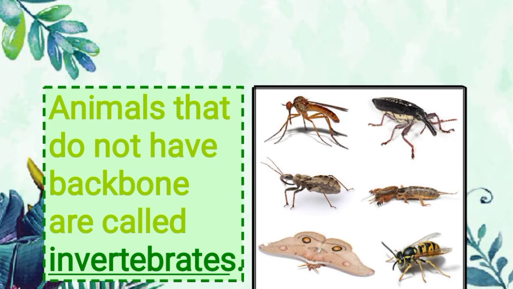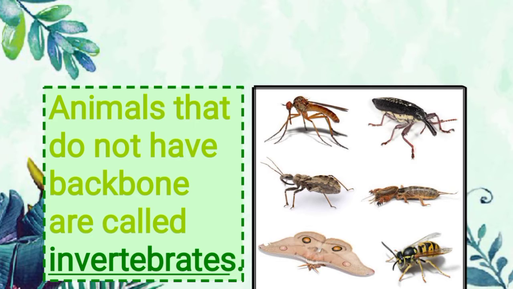Some animals like insects have a completely different type of skeleton. These are invertebrates, which means an animal without a backbone. Invertebrates live in every part of the world. In fact, most of the animals on earth are invertebrates. Invertebrates come in all different shapes and sizes. Animals that do not have a backbone are called invertebrates.